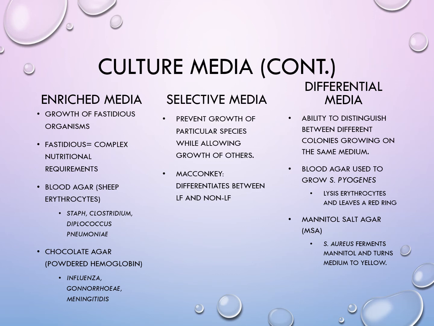And when gram-negative bacteria are grown on the MacConkey agar, they actually produce fermentation, and that makes these pink colonies of bacteria that make them distinguishable because of their lactose fermentation. And so then that helps to differentiate between lactose fermenting bacteria and non-lactose fermenting bacteria.